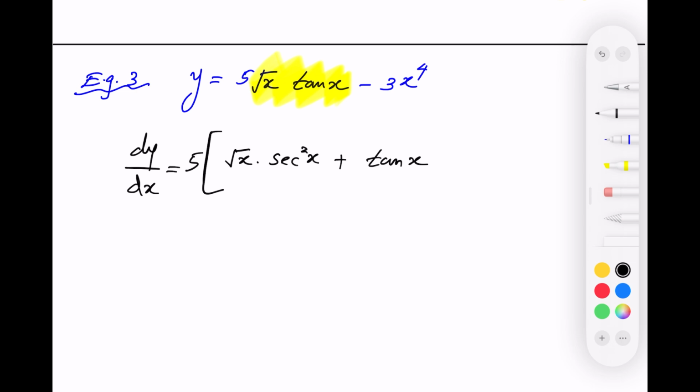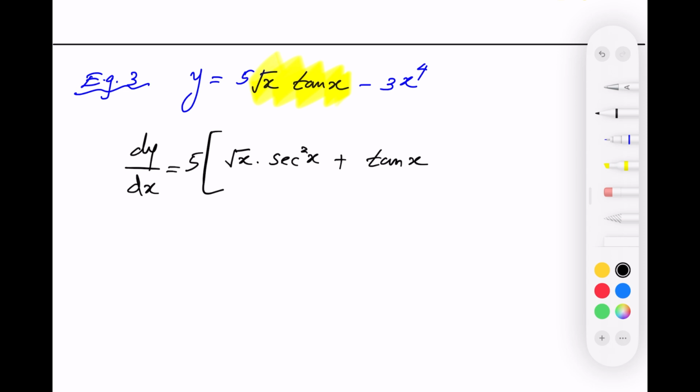What's the derivative of square root x? Square root x can be seen as x raised to the 1/2 power. When you differentiate that using x to the nth power differentiation, which gives us n times x raised to the n minus 1, that should be equal to 1/2 times x raised to the 1/2 minus 1.